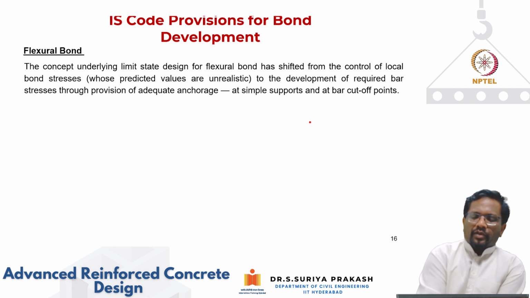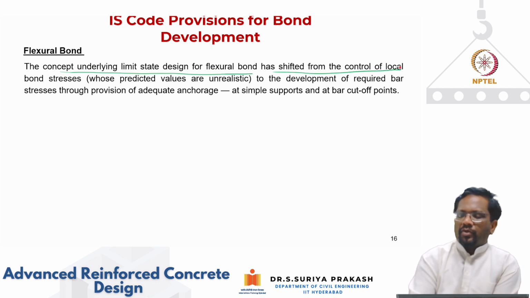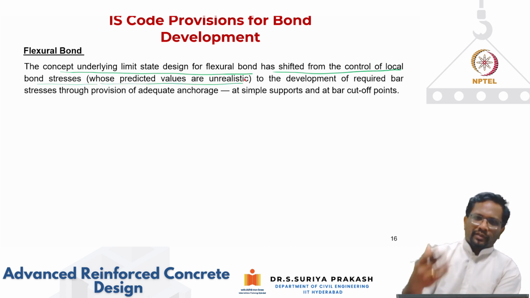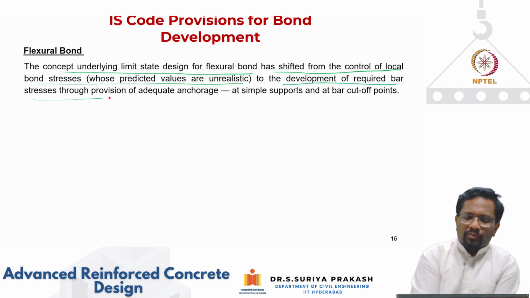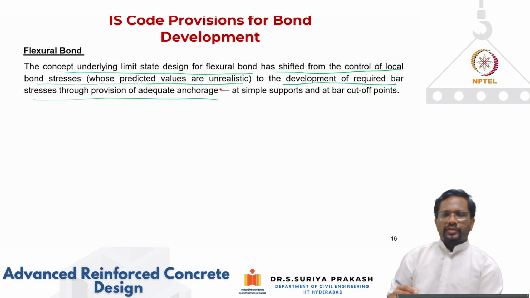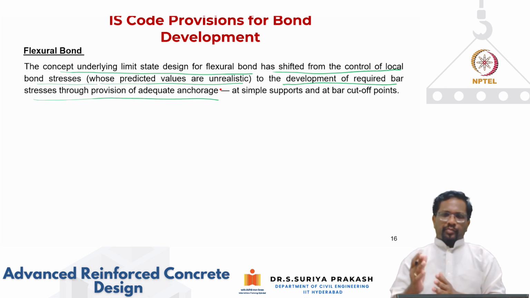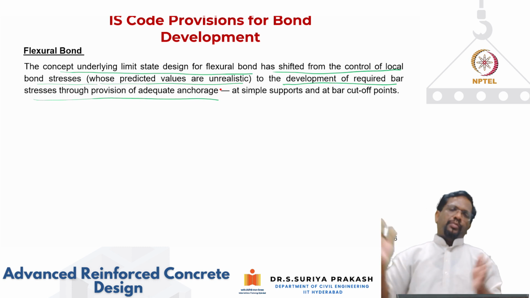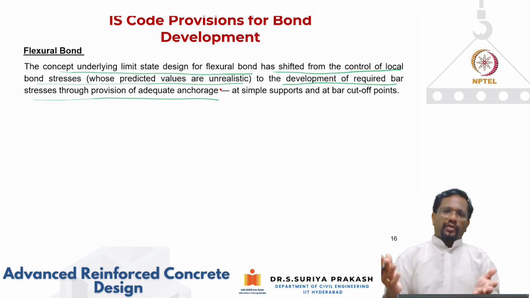So that's why the concept in limit state design for flexural bond has shifted from control of local bond stresses, whose predicted values are anyway unrealistic in a pull-out test, to the development of required bar stresses through provision of adequate anchorages. That means if I'm able to provide adequate anchorages and development lengths at cutoff points, where depending upon the bending moment variations you can also cut the bars where they are not really required.